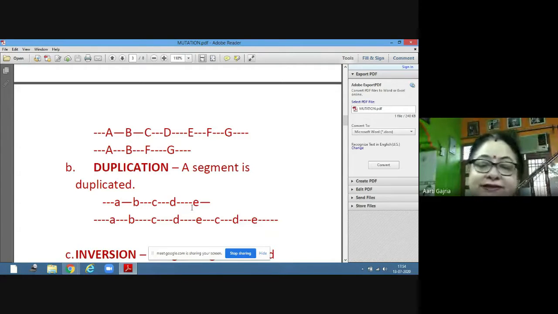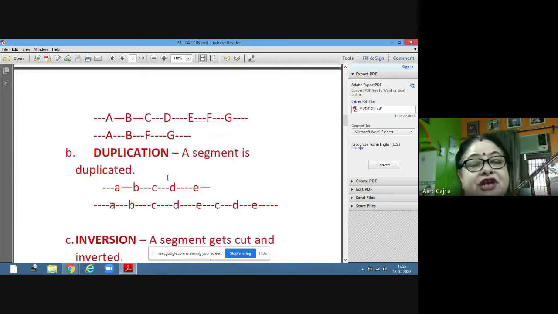When this segment is duplicated, the resultant sequence would be A, B, C, D, E, C, D, E. So, again, the information has changed, and this has resulted in changed proteins and changed traits. This is because of the change in the morphology of the chromosome because of duplication.